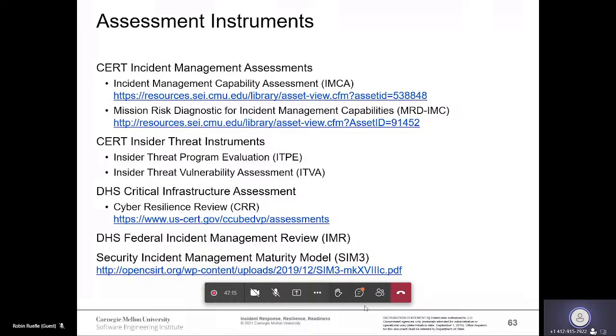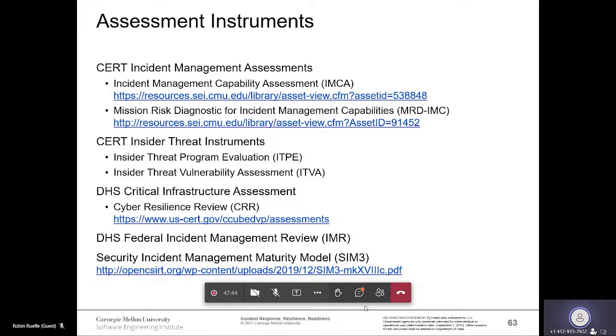We also have various instruments to help evaluate insider threat programs. And those are not available for download. An interesting one is from the Department of Homeland Security, their Cyber Resilience Review, that looks at 10 to 12 key areas, such as access management, identity management, incident management, vulnerability management, and lays out different goals, sees those that you're meeting, and gives you a maturity level.